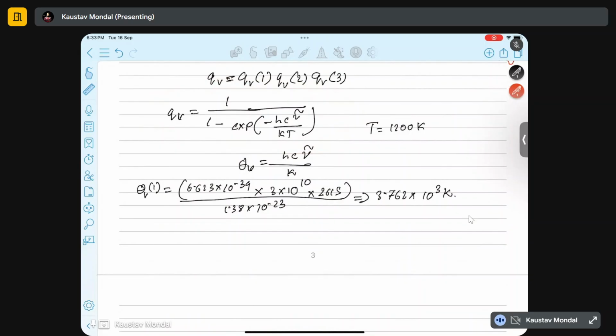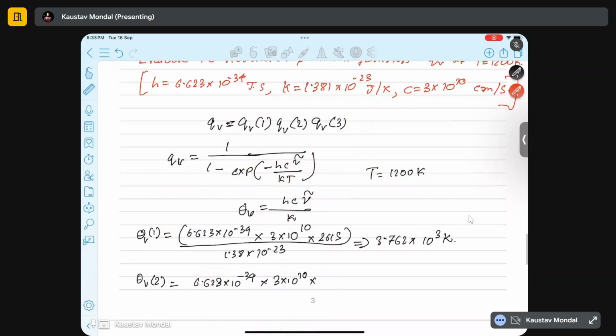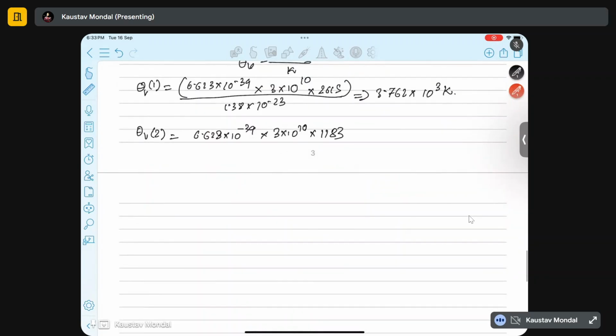Next, for the second case, theta v2: again 6.623 into 10 to the minus 34, the speed of light 3 into 10 to the power 10, and the wave number 1183, the whole thing divided by 1.38 into 10 to the power minus 23. This gives 1.702 into 10 to the power 3 Kelvin.